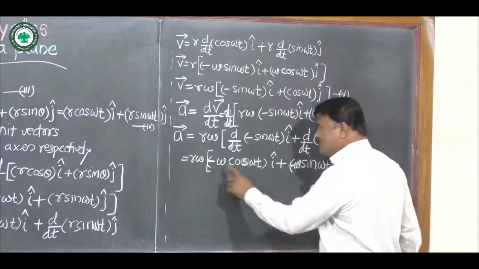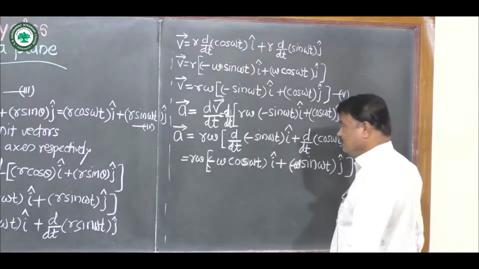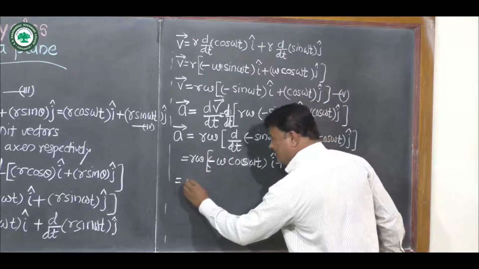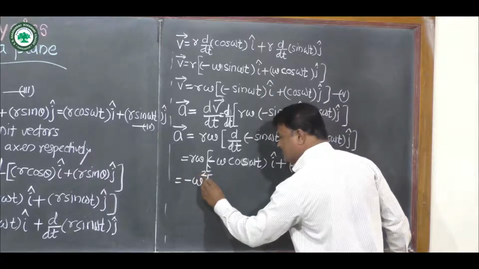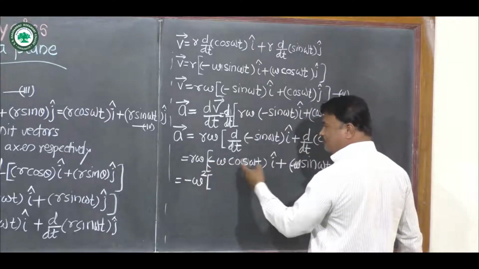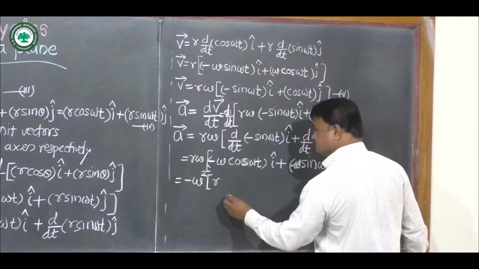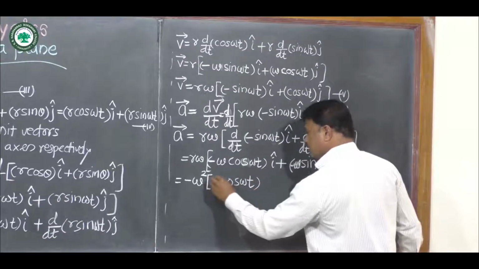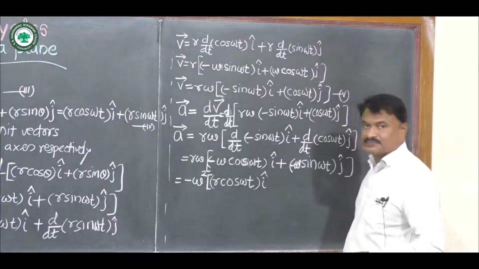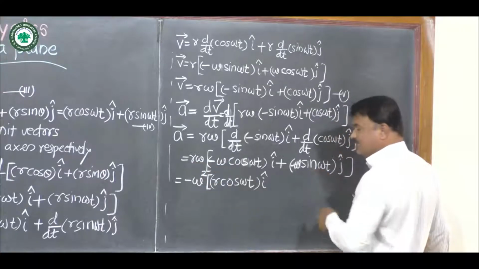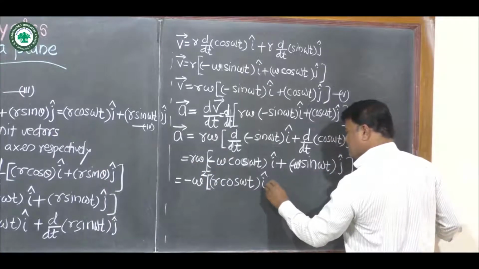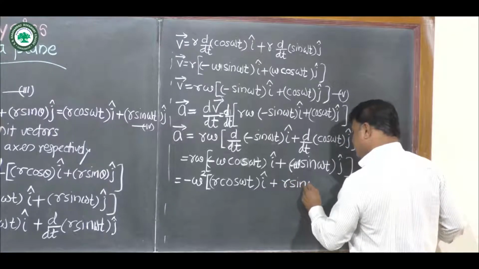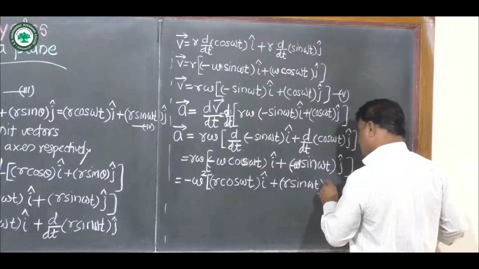Now take minus omega common again, then omega into omega will become omega square, so we write minus omega square. Now multiply this term by r, so we get r cos omega t into i cap. Again multiply r to this term, then we get plus r sin omega t into j cap.